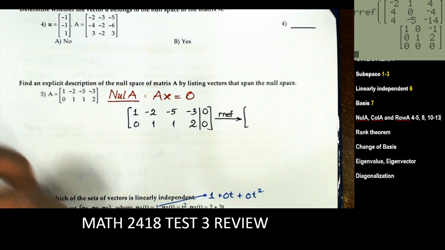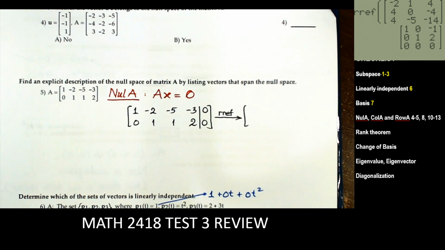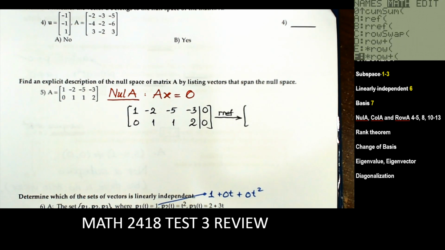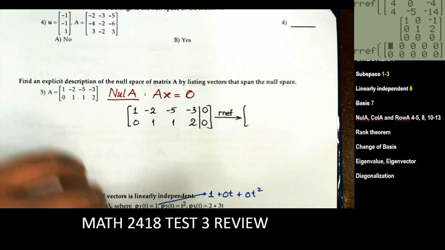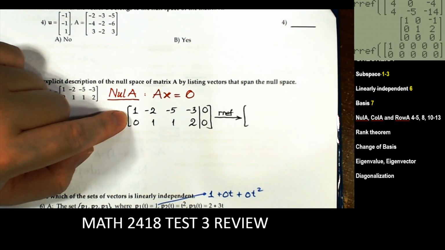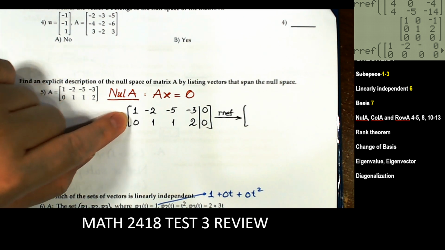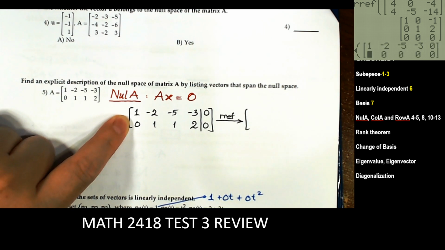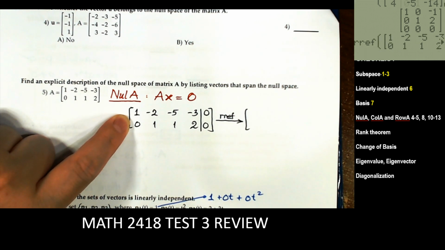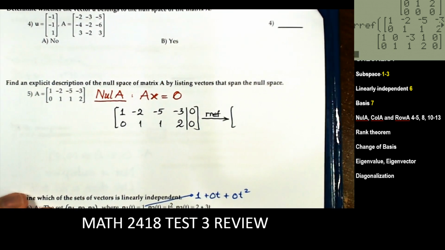We really don't need the last column, but we'll do that anyway. It will have 2 rows, 5 columns: 1, -2, -5, -3, 0; 0, 1, 1, 2, 0.